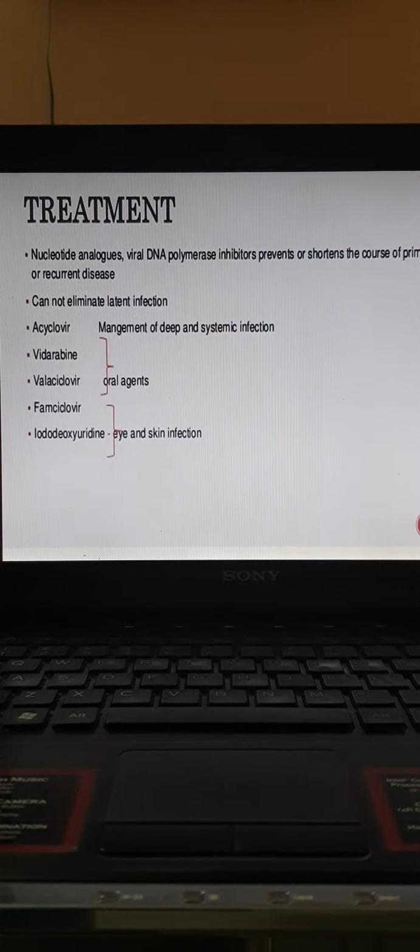Otherwise, acyclovir, vidarabine, valacyclovir, famciclovir are also available as oral agents and are effective antiviral agents. Topically, we can use iododeoxyuridine. This can be used for eye and skin infection topically.